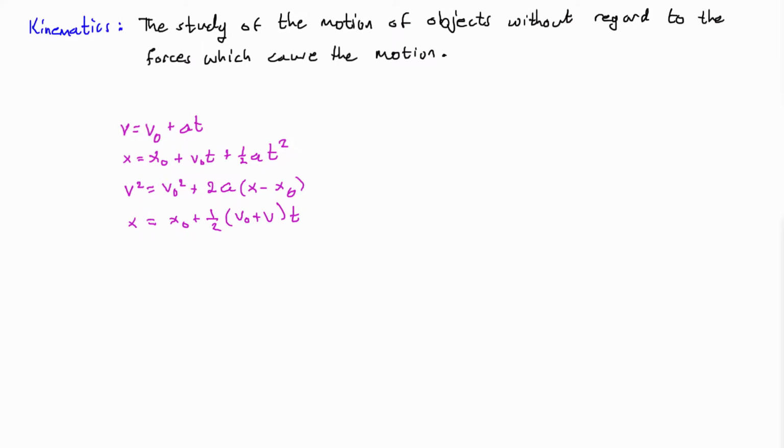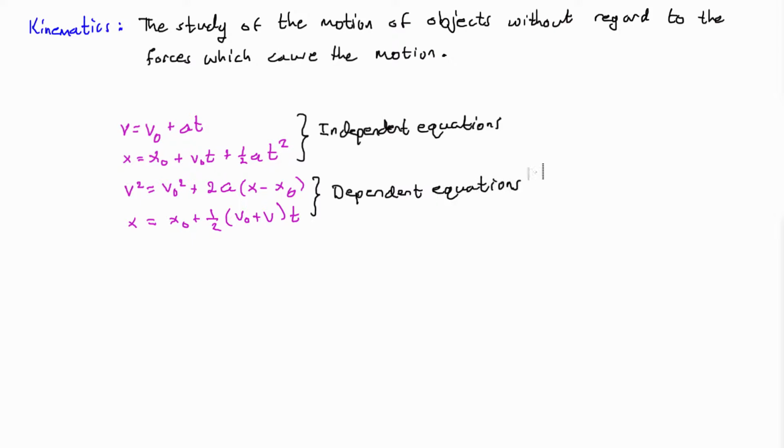So we're going to call these the independent equations, and then here to here, we'll call them the dependent equations. Why? Because they depend on the independent equations. They derive from the independent ones.